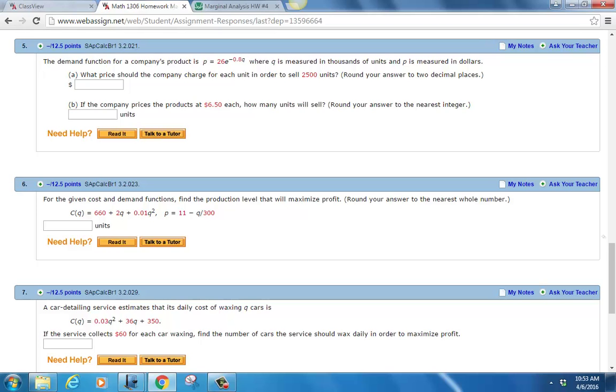A demand equation relates price to quantity sold, okay? Price to quantity sold. That is what a demand equation does for you, all right?